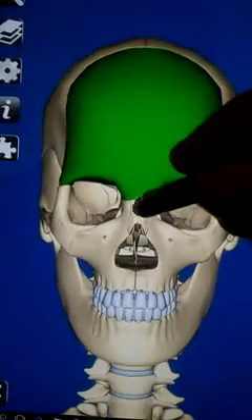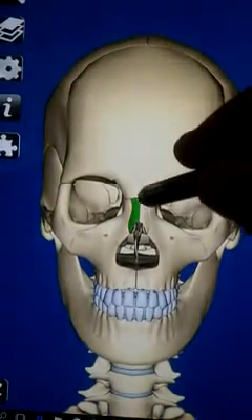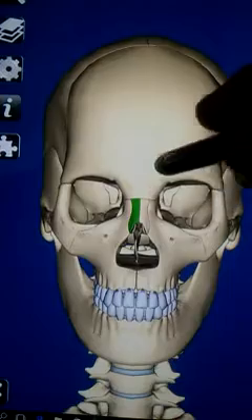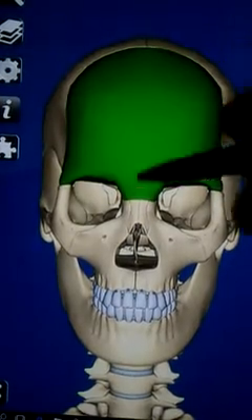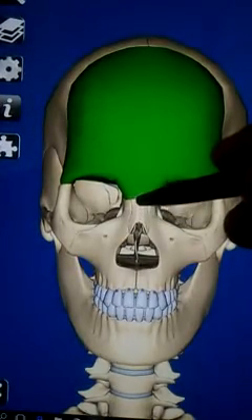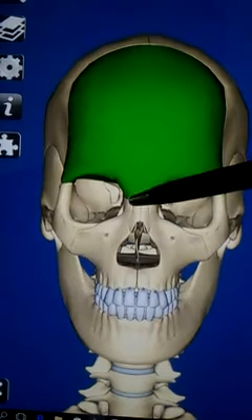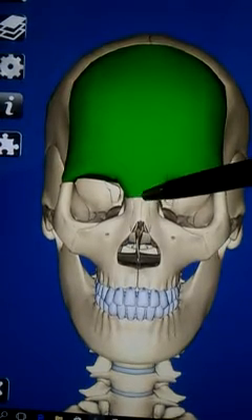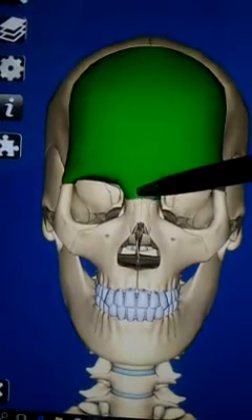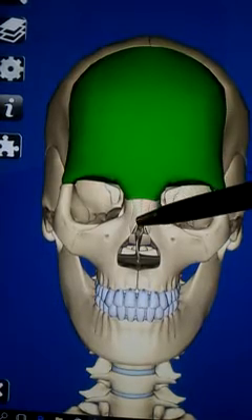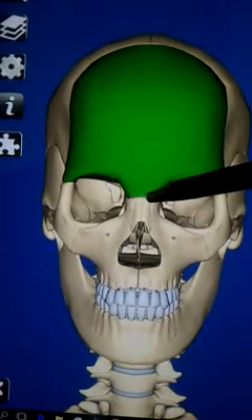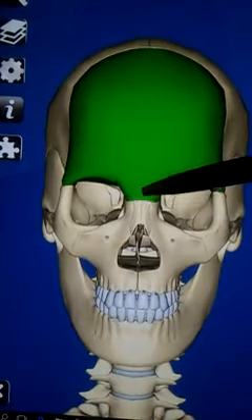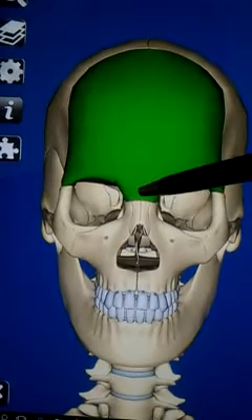Both the nasal bones are held together by the internasal suture, and the point where the internasal suture meets the frontonasal suture is called the nasion.